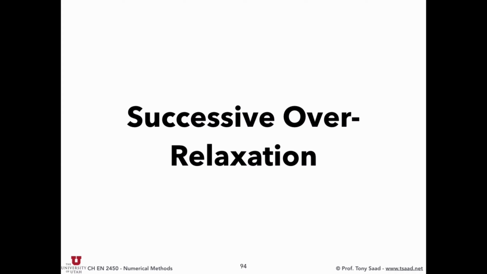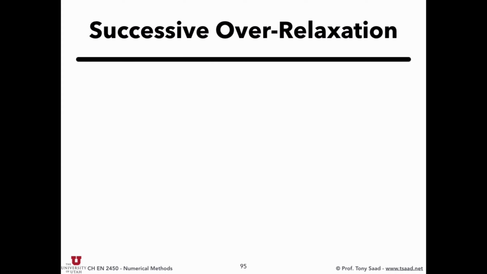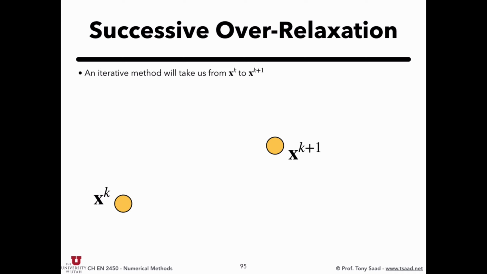Okay, the next leap, and again, sleight of hand, is called successive over-relaxation. Okay. An iterative method will take us from a solution state, x^k, to another solution state, x^(k+1). It goes like this.